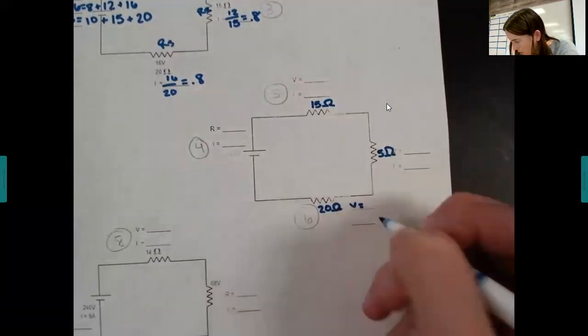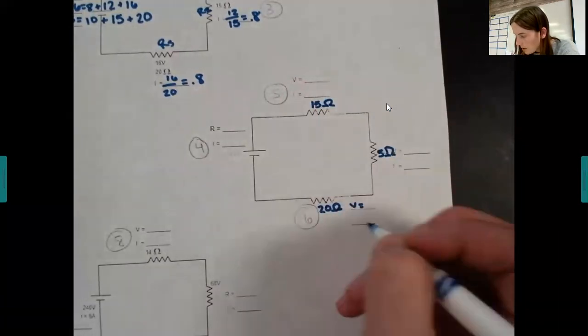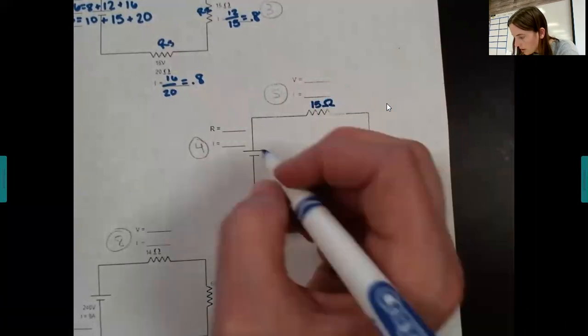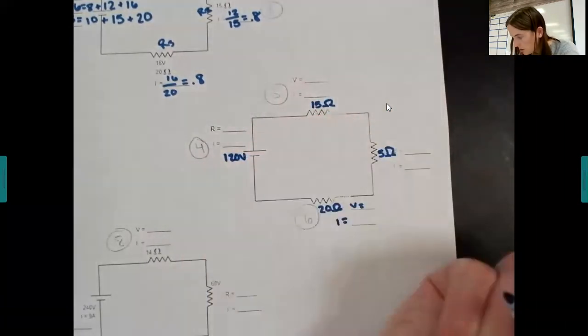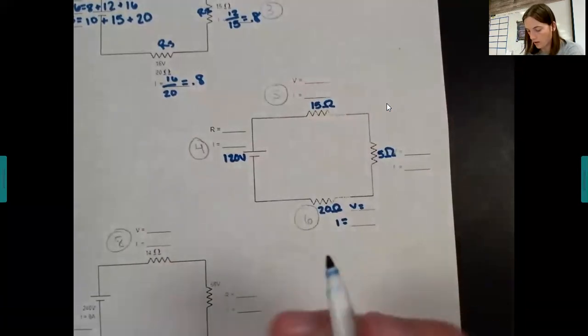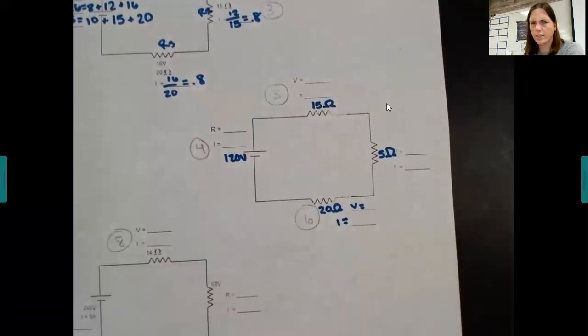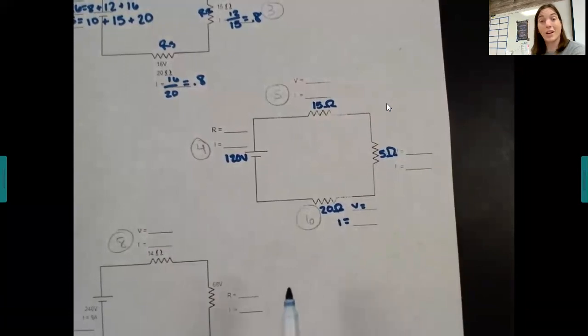And then you're looking for the voltage and current, and this one says 120 volts. Sorry that didn't copy very well. Hopefully you're watching this video so you can get what you need to know.